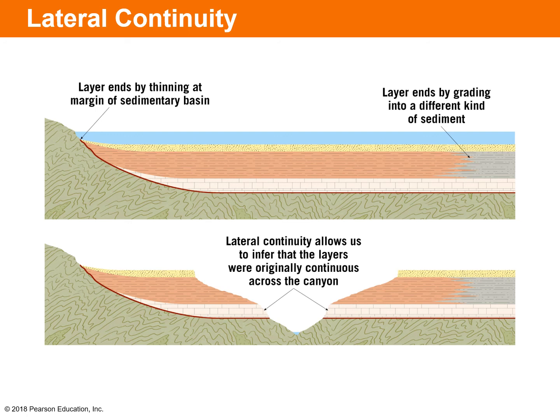That might be because a different type of sediment was being carried that far out into the lake or the ocean than was being carried to the portions closer to the shore. Either that or the shore existed at a completely different location at that time, resulting in the layer ending by grading into a different kind of sediment or rock.